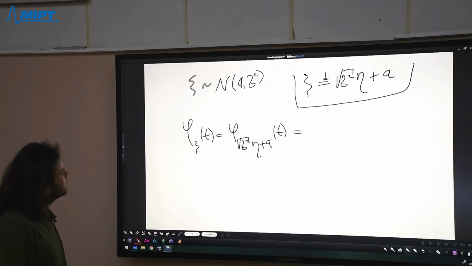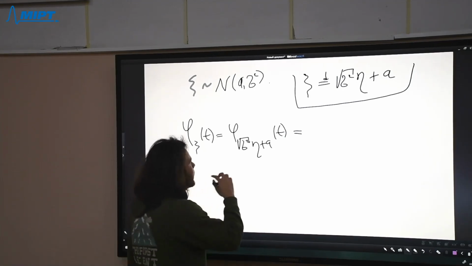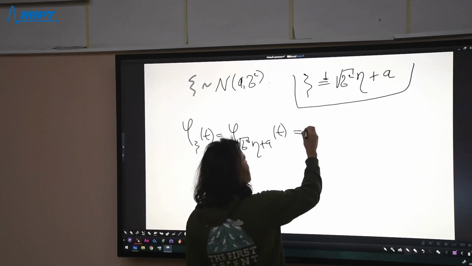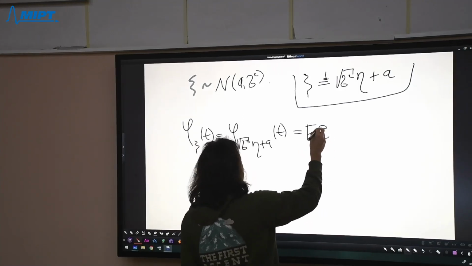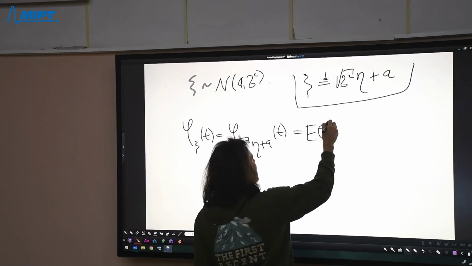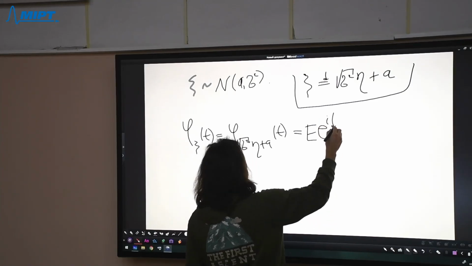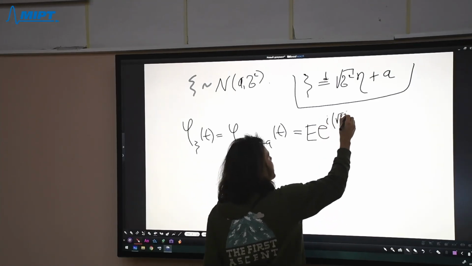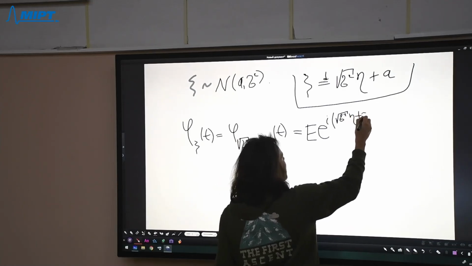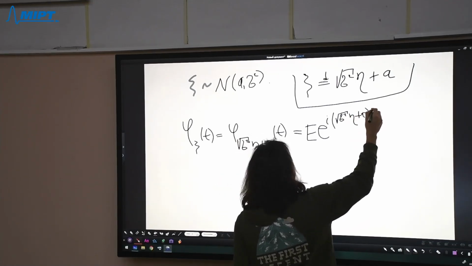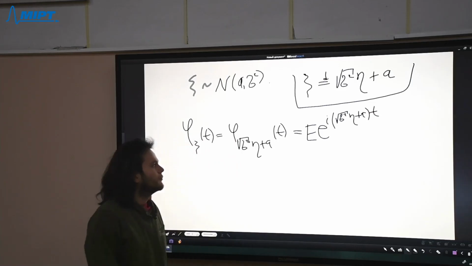And what do we get? This is the expected value of e to the I, and then I have the square root of sigma square eta plus a, times t.